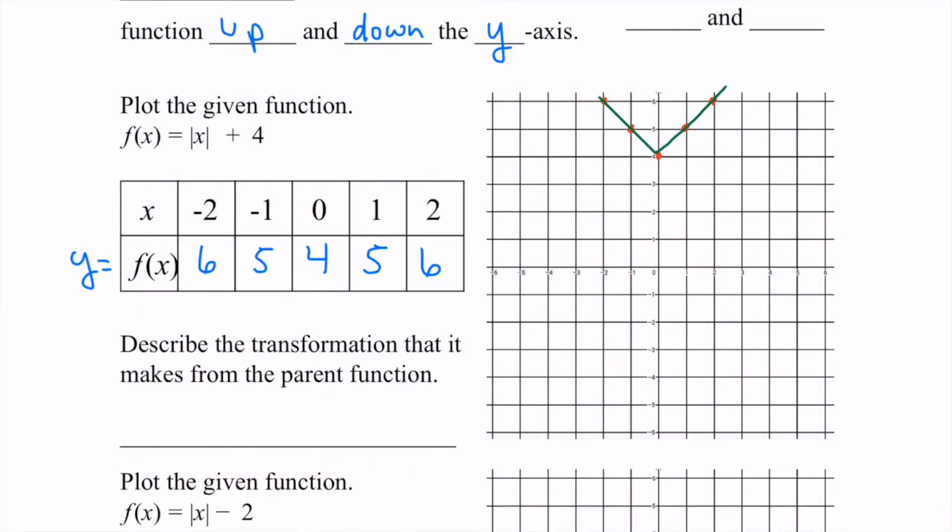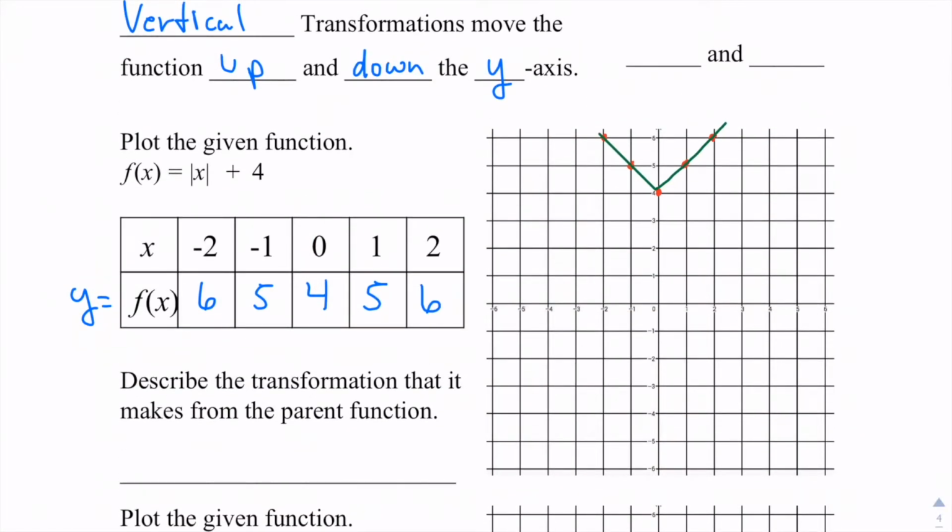Describe the transformation. Well, if you look closely, you can see that the transformation from the origin is 1, 2, 3, 4 units up, which matches the outside number, positive 4, from the absolute value. So my transformation would be up 4.